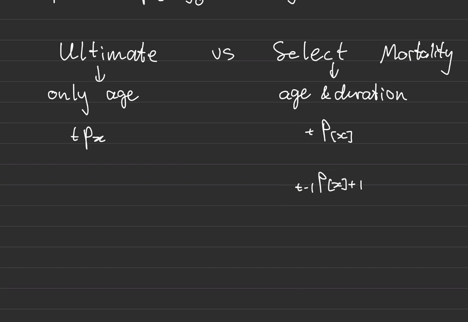Okay, so eventually, once this person gets to the end of the select period, so let's say the select period is 3 years, then this would just be equal to the probability of x plus 3 for t minus 3. And that's because from 3 years onwards, the mortality no longer differs. So once this person is already aged x plus 3 and they were aged x at policy inception, there's no difference in mortality. So I'm going to make these equal, the ultimate and select mortalities.